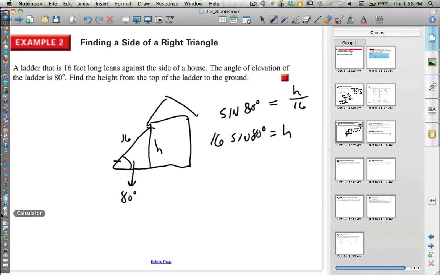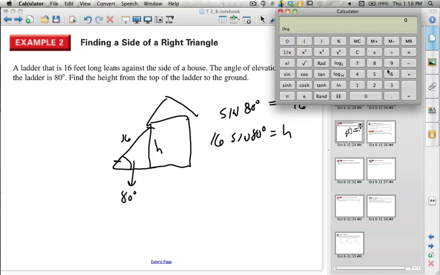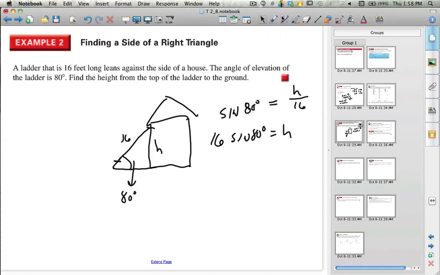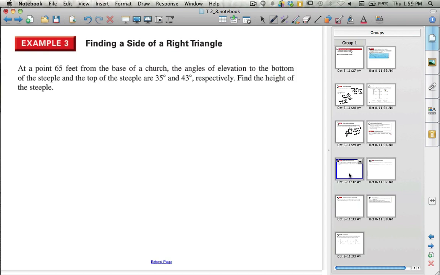I go back to my calculator, and I do 80 degrees sine times 16 equals 15.76 feet. Okay, so my height will be 15.76 feet. Pretty straightforward work.